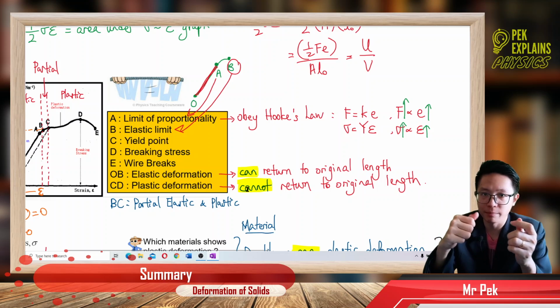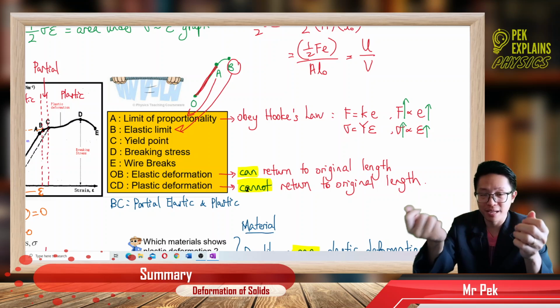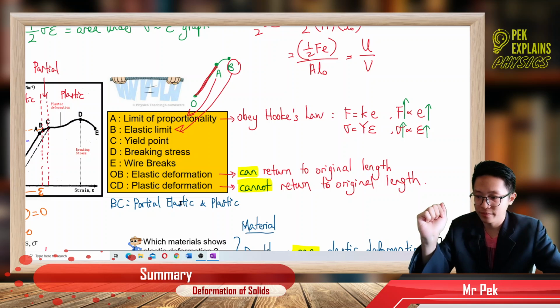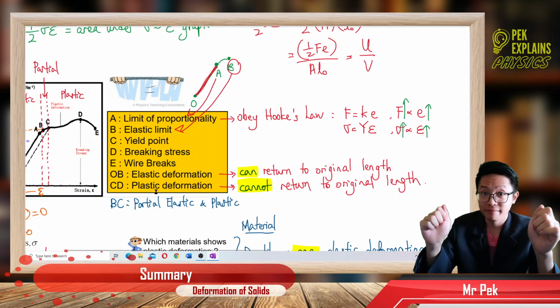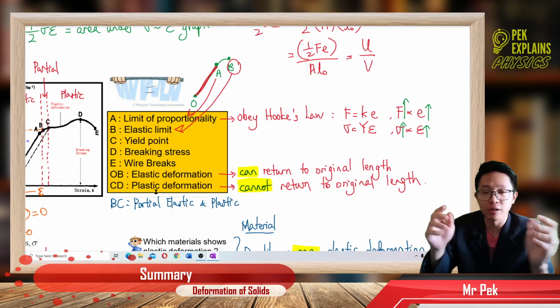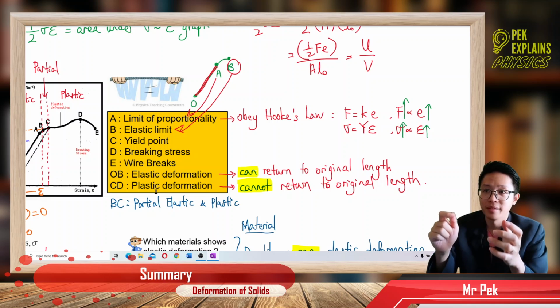Have you pulled a plastic bag before? If you pull the plastic, it will elongate. But when you release the force, it cannot go back to its original shape. It shows a permanent elongation.